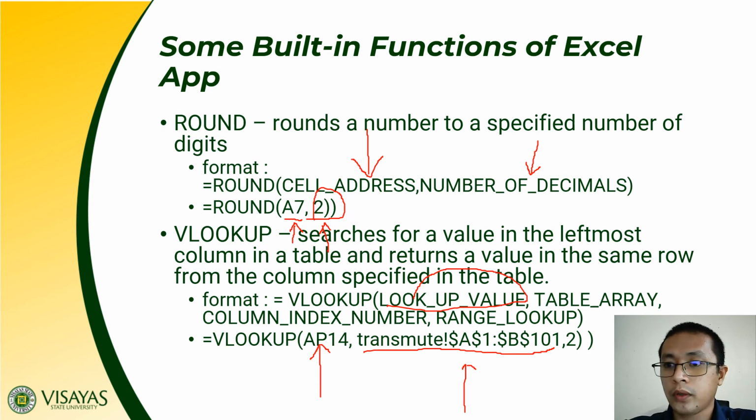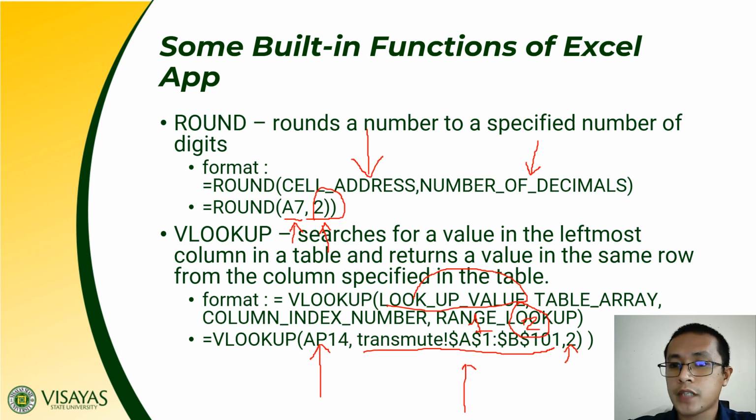This table contains the actual value and its corresponding value. And then the return column number is 2. There are two columns in here. This is your column 1 and this is your column 2. So we pass here the value of 2, meaning we want to display whatever data is found in column 2 which matches this value.